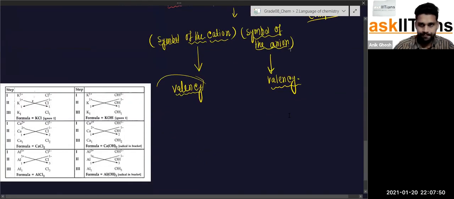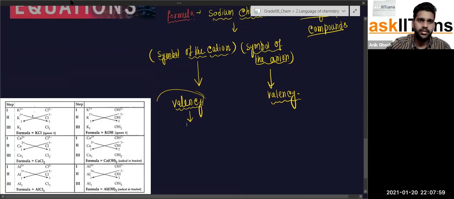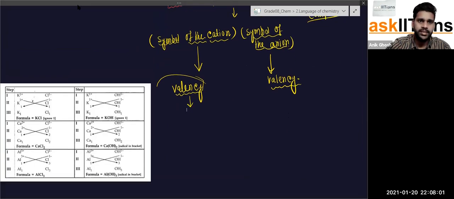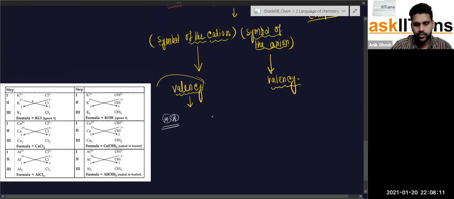Let's go through the exact example we have. Sodium chloride again.